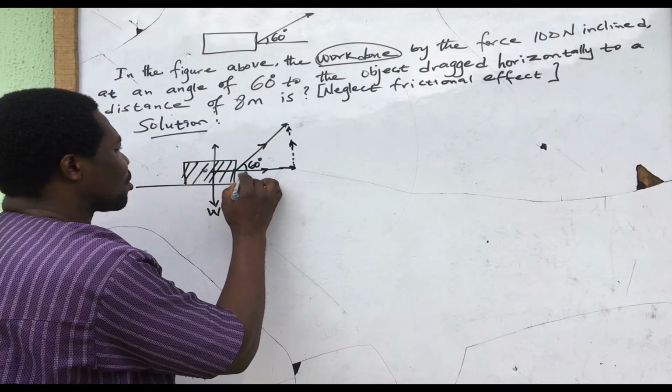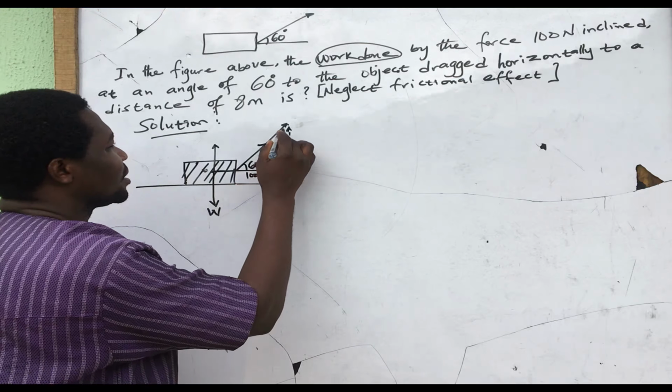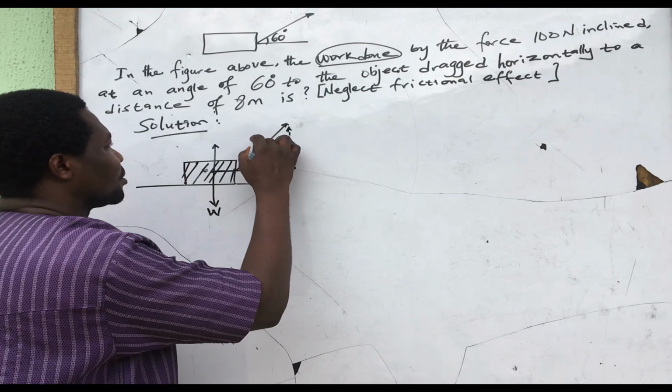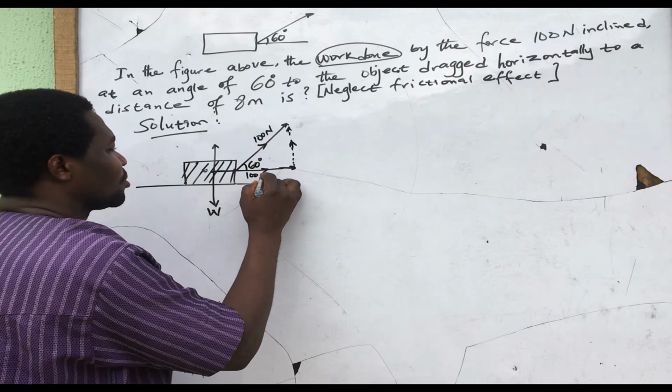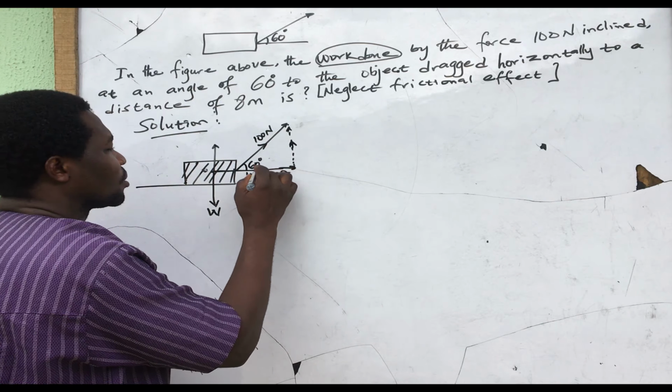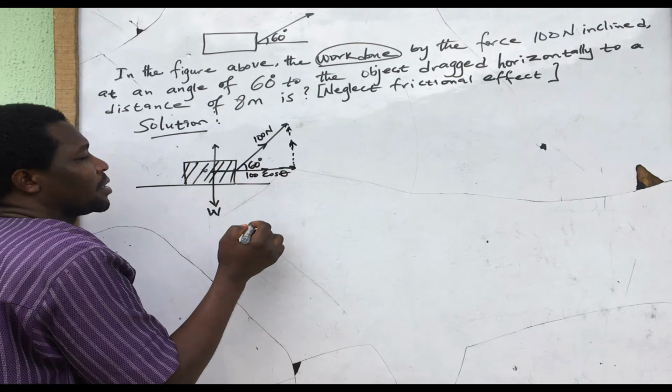Here the force is 100 Newton. This is cos theta, that is, this angle is going to be cos 60.